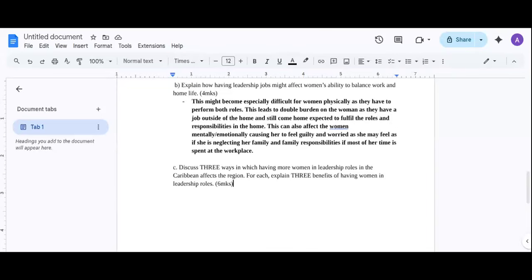So it could have an effect on the woman herself, in terms of physically they're tired. And then also it may seem that they are neglecting their responsibilities because of the time that is being spent in the workplace. And again, this can have an effect on the woman whereby she may feel as if she's neglecting her home and responsibilities.